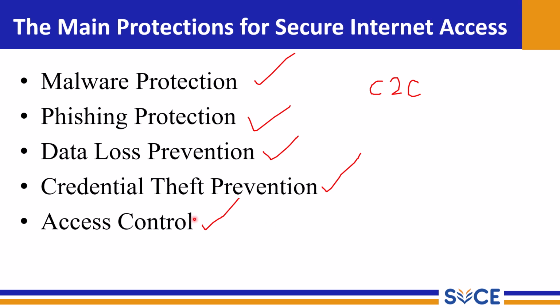And last but not least, the protection is access control. The growth of remote work has blurred the lines between personal and business device usage. Adult or gambling websites may include malicious content that puts corporate data and systems at risk.